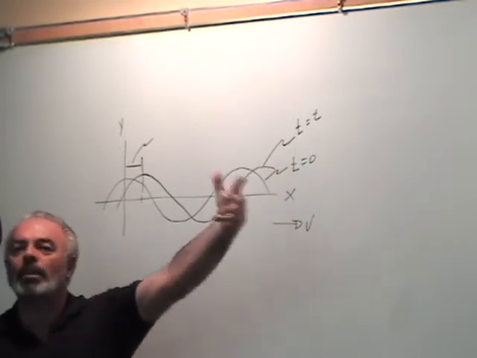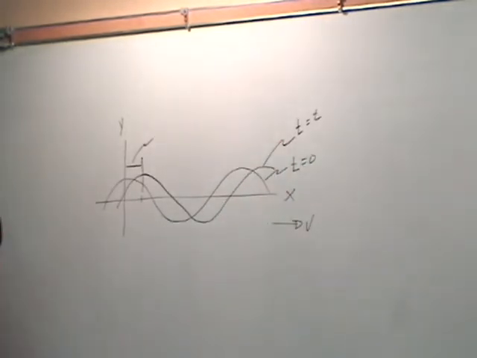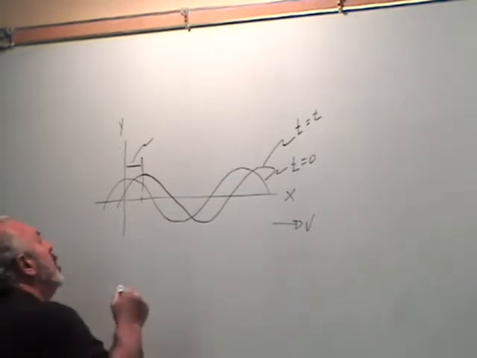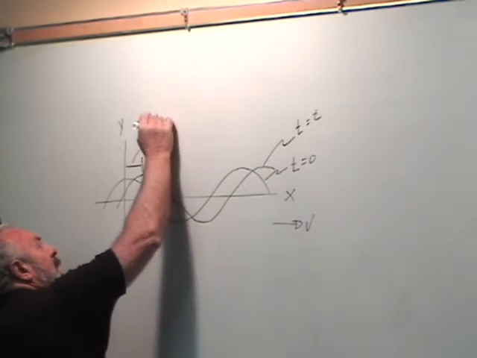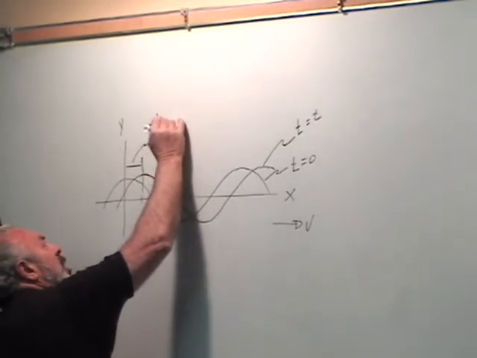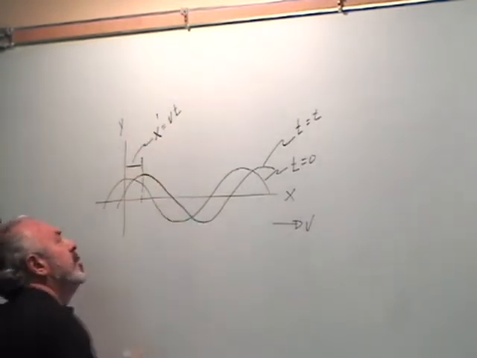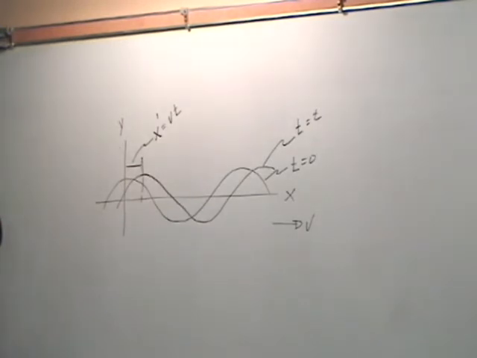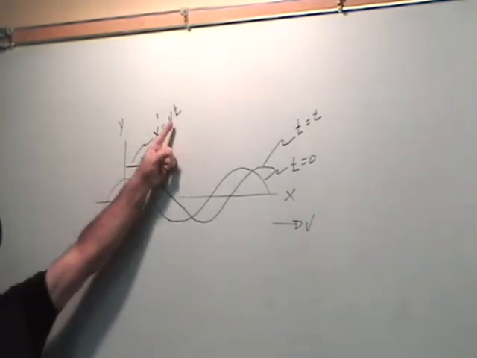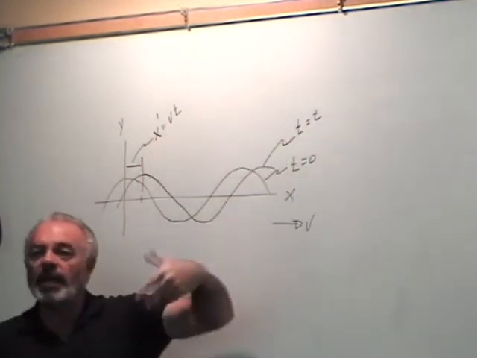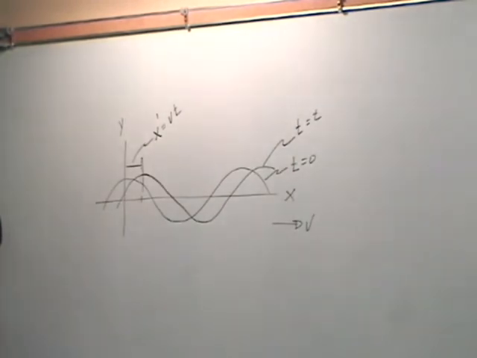T equals t, some arbitrary time in the future. So in the future it has moved some distance like that. What is that distance? Of course, this distance, which I might call x prime, is actually equal to vt. V is the speed of the wave, little t is the time that has transpired since the beginning.